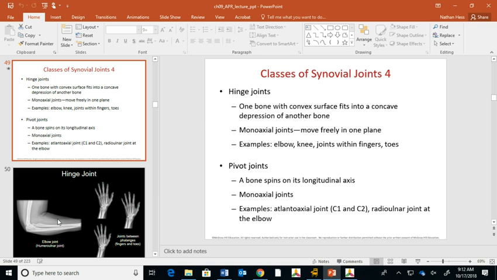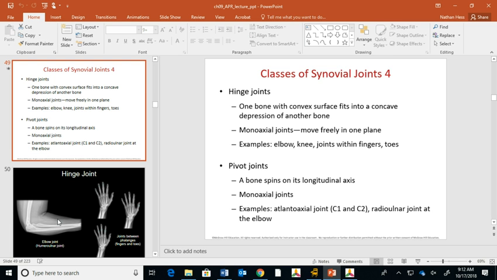One of your classic examples of this is the radio-ulnar joint between the radius and the ulna. Remember, ulna is medial, radius is lateral, right? When I have my palm upward in anatomic position, radius is lateral, ulna is medial.